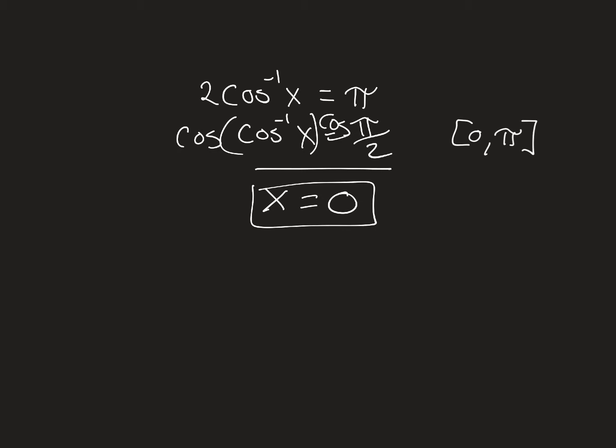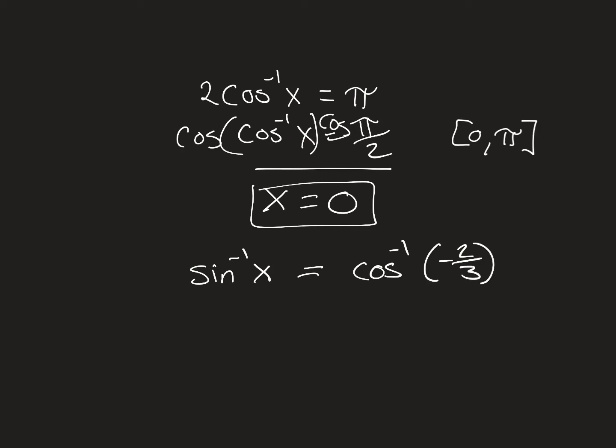What about, let's do something like this. What about inverse sine of x equals inverse cosine of negative 2/3.